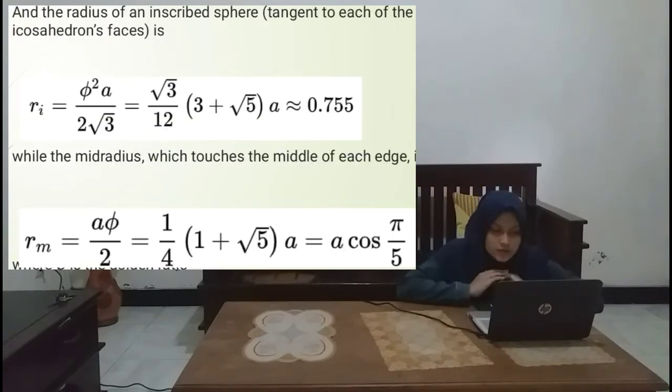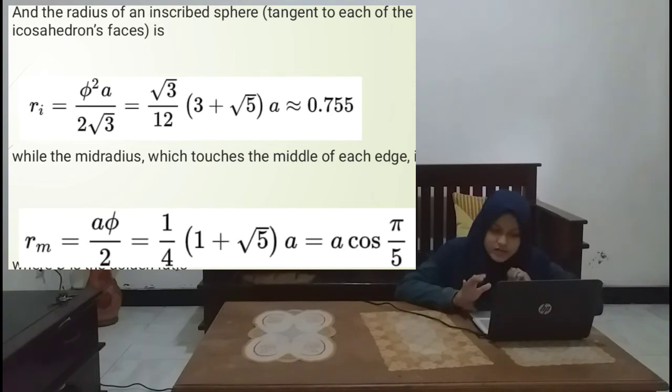And the radius of an inscribed sphere tangent to each of the icosahedron's faces is Ri equals φ squared times a over 2 times the square root of 3, equals the square root of 3 over 12 times (3 plus the square root of 5) times a, approximately 0.755 a.